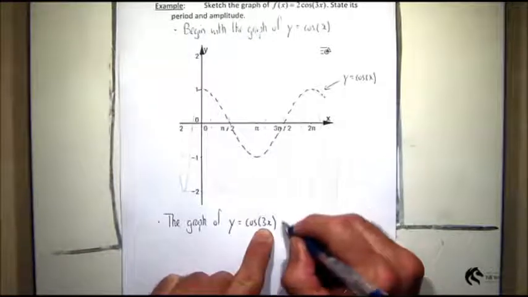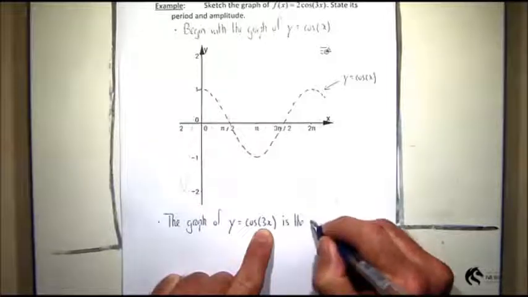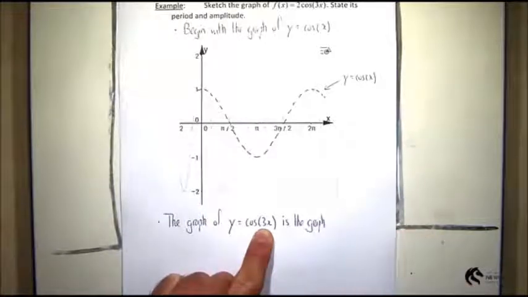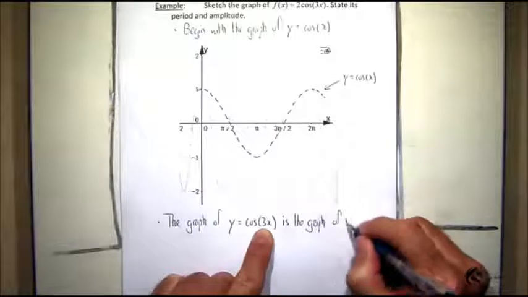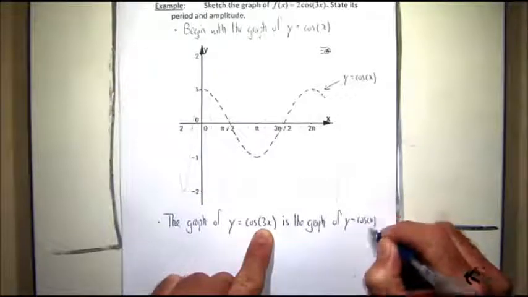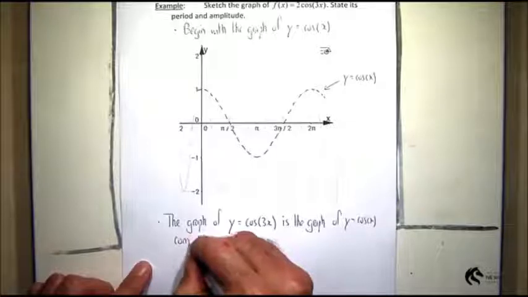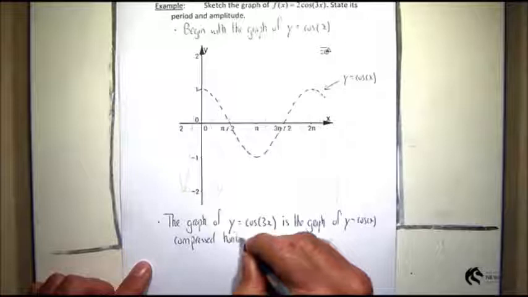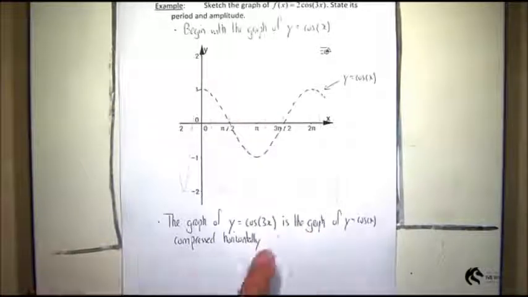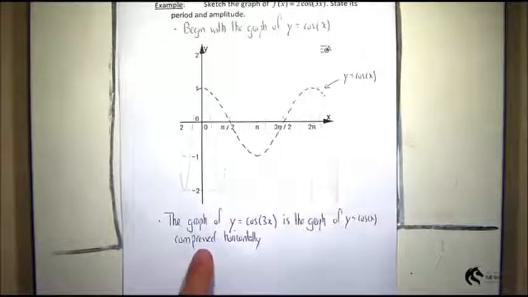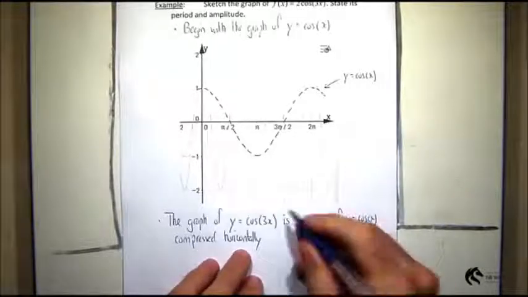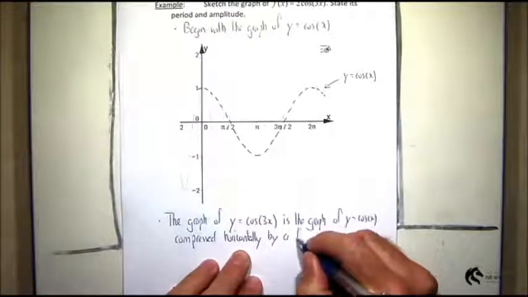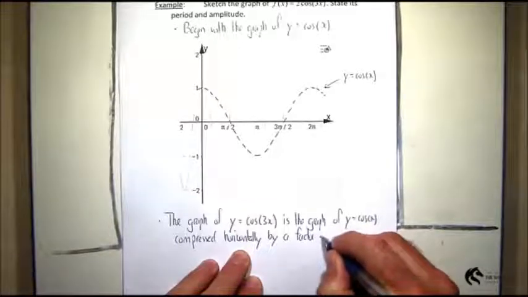So that will be the graph of y equal to cos x compressed, I will say, horizontally. Because this number is bigger than 1, it actually shrinks it in this way. If that was less than 1, it would drag it out that way, horizontally, by a factor of 3.